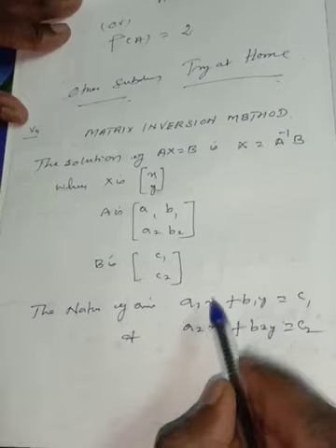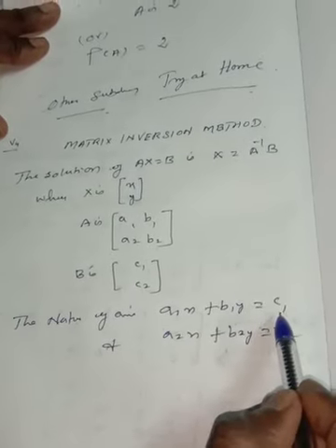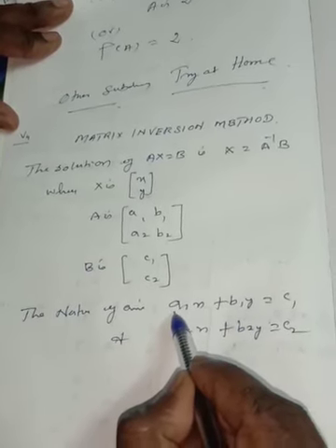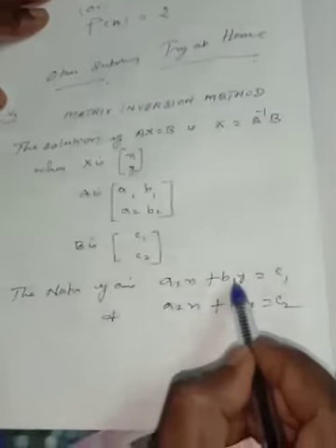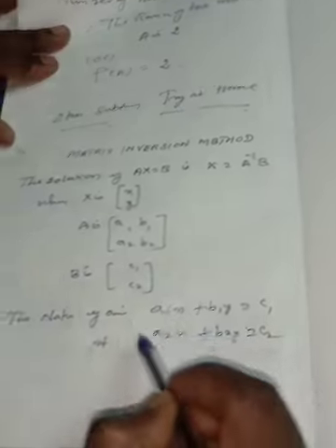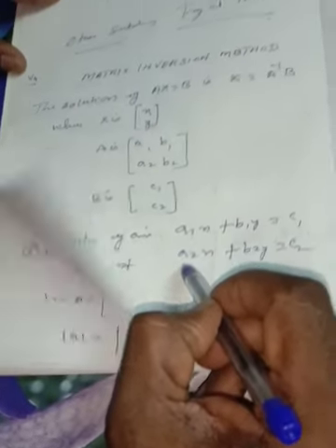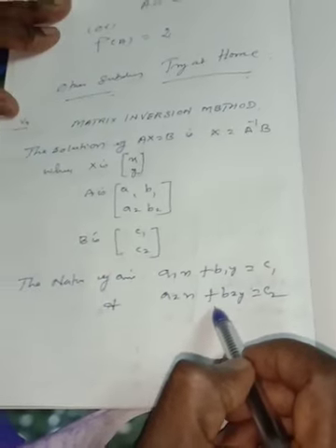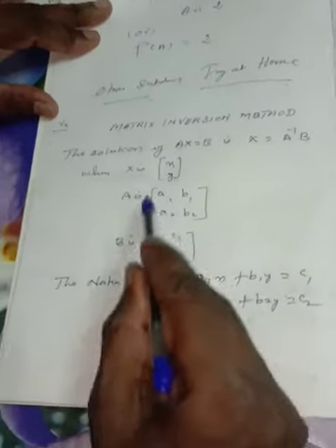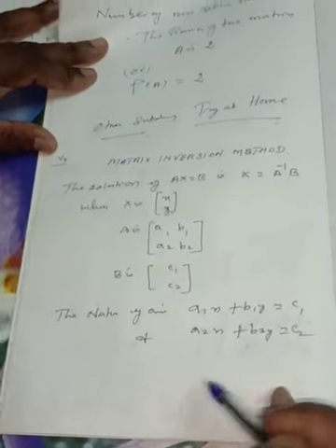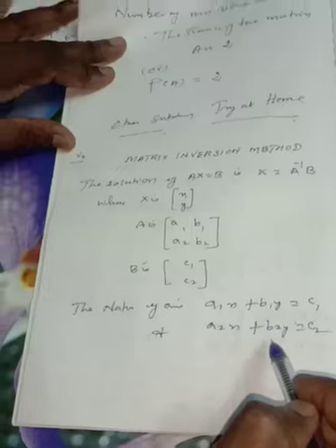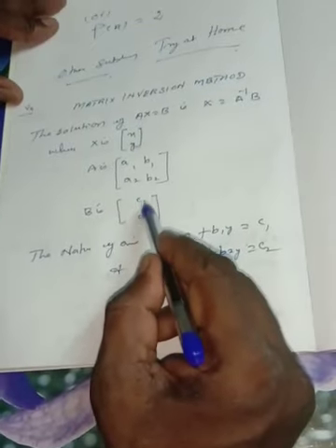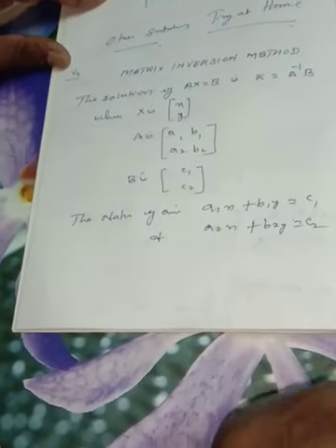Capital A is, take first equation, coefficient of x term A1, coefficient of y term B1. Take second linear equation, coefficient of x term is A2, coefficient of y term is B2. So, A is this. B is, take two equations, the constant numbers C1 and C2, column wise writing, we get B.